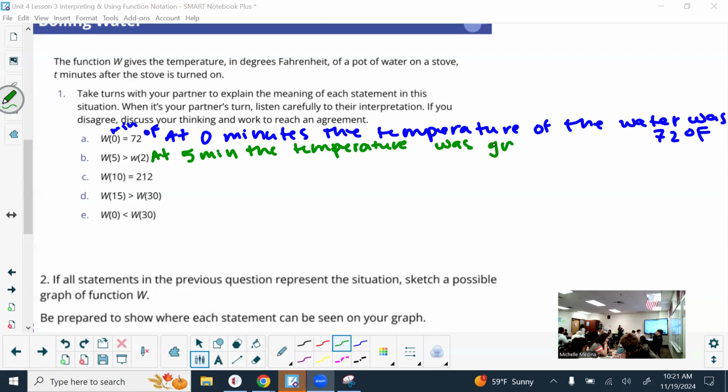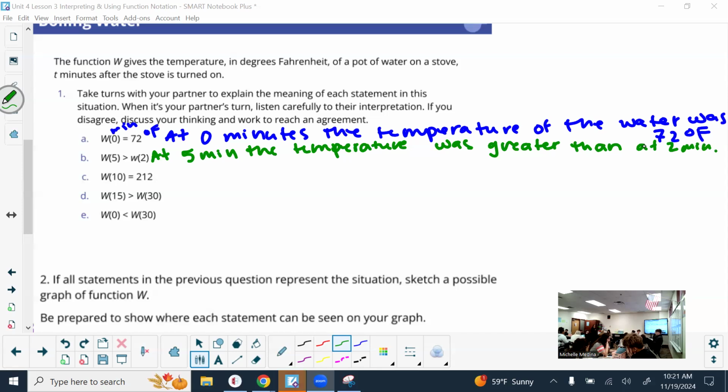Greater, higher, whatever word you want to use. Thank you. That's what greater than means, right? It means that the W of 5 is higher than the W of 2.